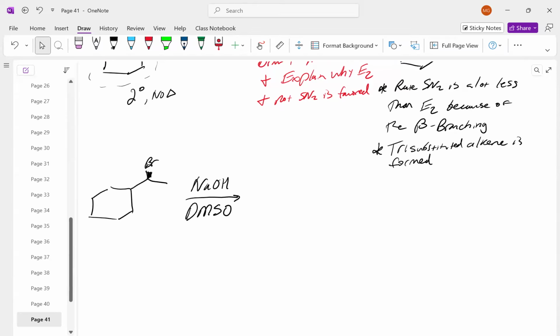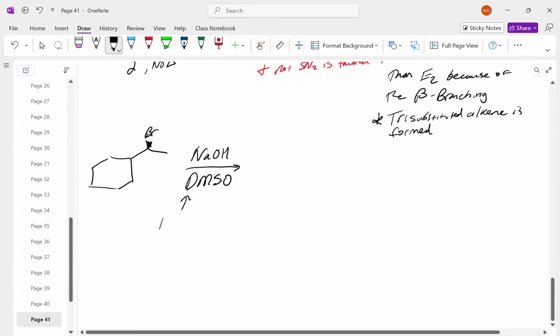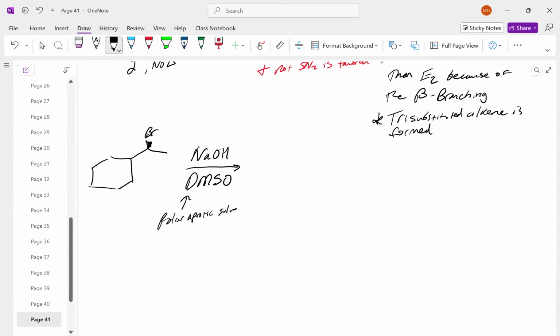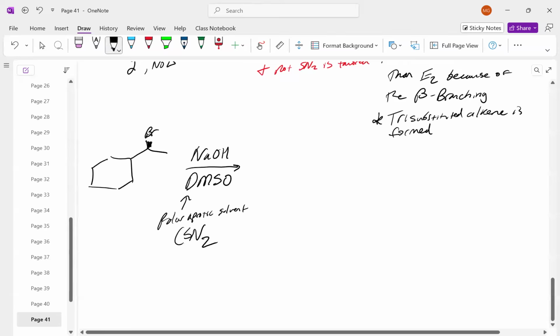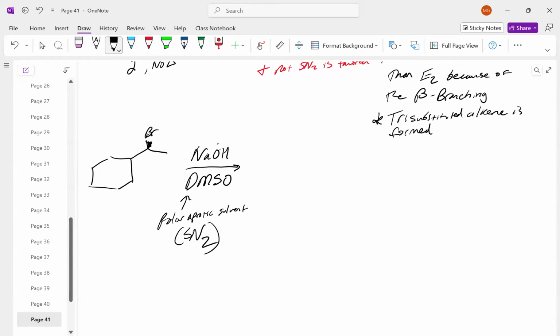Well, what is DMSO? Hopefully you're saying it in your head. DMSO is a polar aprotic solvent. Well, what mechanism does that tend to favor? That favors SN2. So we're going to use this hydroxide as a nucleophile and do an SN2.